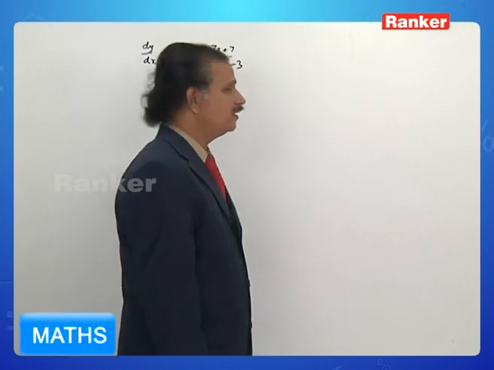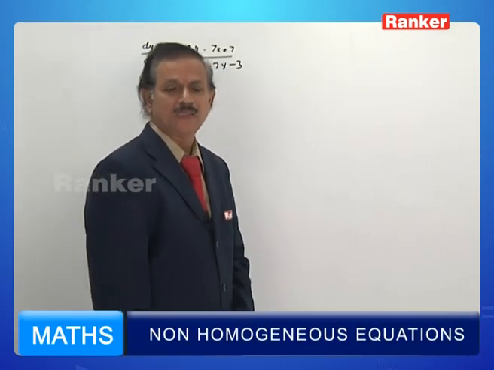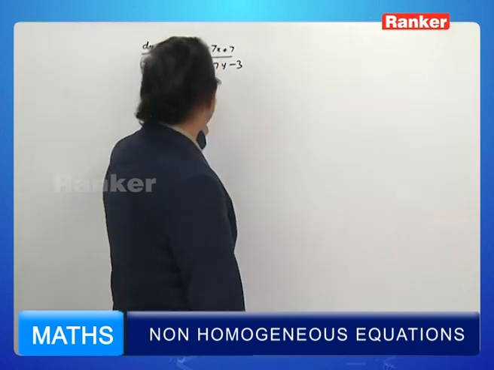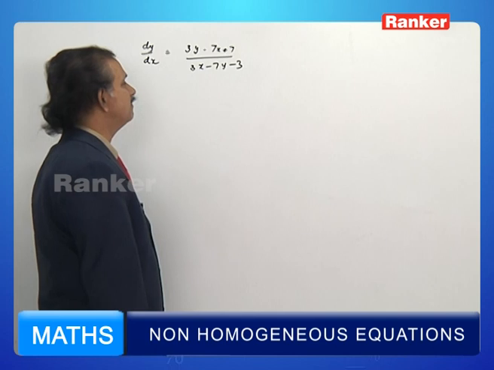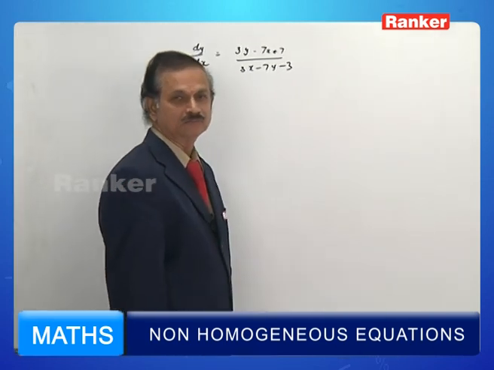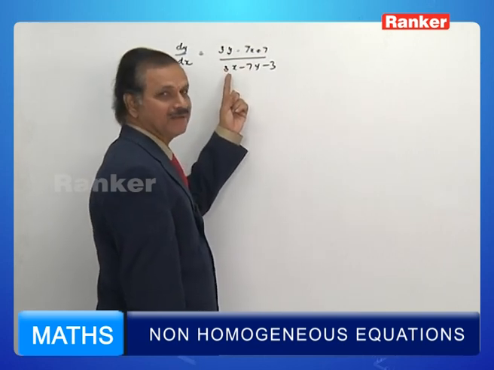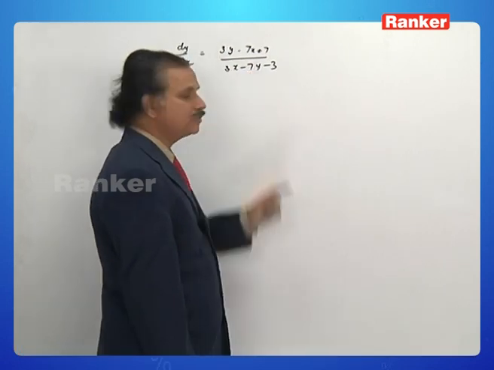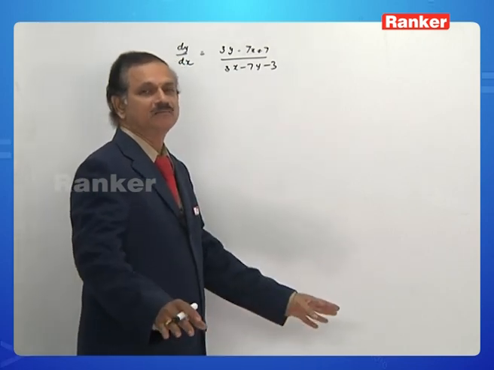You observe and this can be explained by means of an example only. Yes, look at this example. dy by dx is equal to 3y minus 7x plus 7 by 3x minus 7y minus 3. a1 by a2 is minus 7 by 3, b1 by b2 is minus 3 by 7, they are absolutely not equal.